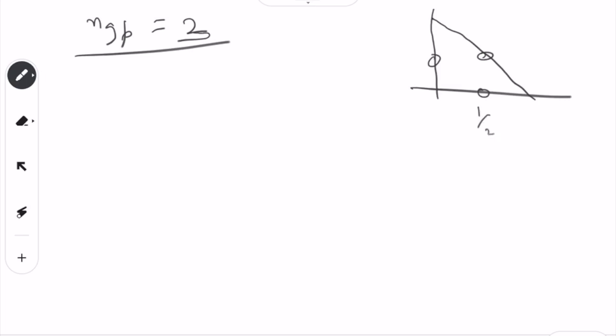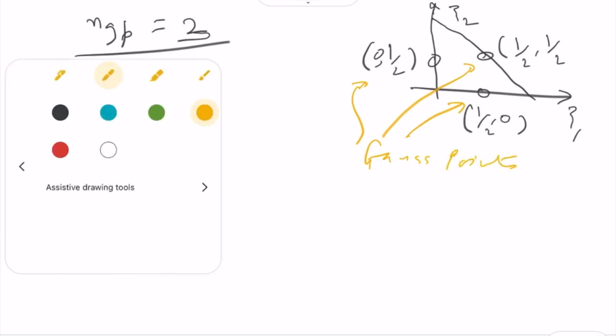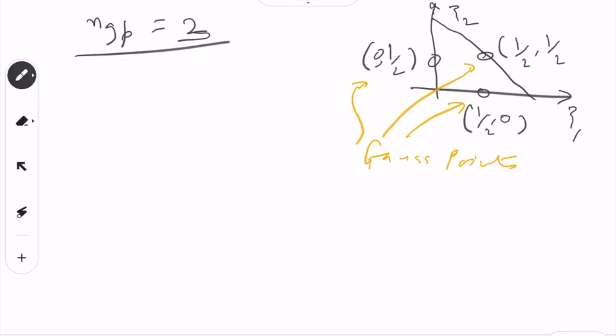So half 0, half half, and you have 0 half. This is xi 1 and xi 2. So these are the Gauss points, okay, and the corresponding weightage is 1 over 6.